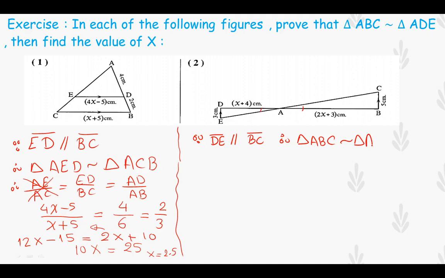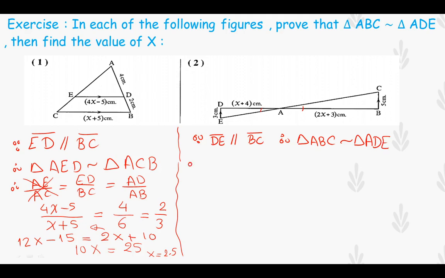So we will write A corresponds to A, vertically opposite angle. And measure of angle B will be equal to measure of angle D, alternate. And measure of angle C here will be equal to measure of angle E, alternate angles.